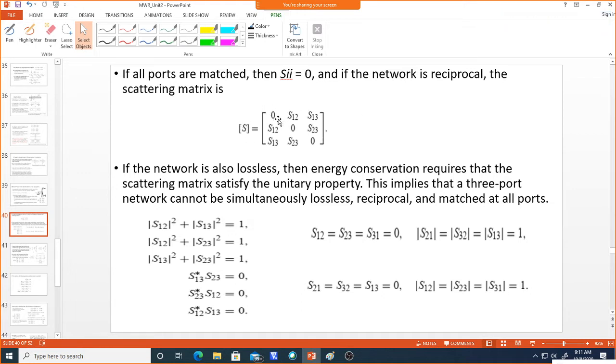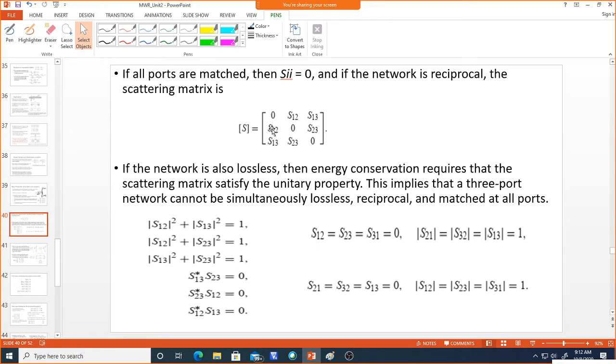Now if I want to obtain the lossless condition, this scattering matrix should possess the unitary property. Is it possessing the unitary property? You just check it. Multiply the corresponding column with the complex conjugate. If you multiply the same column with the same column, 0 into 0 will be 0, S12 into S12 is S12 squared, plus S13 into S13, S13 squared, which will be equal to 1.